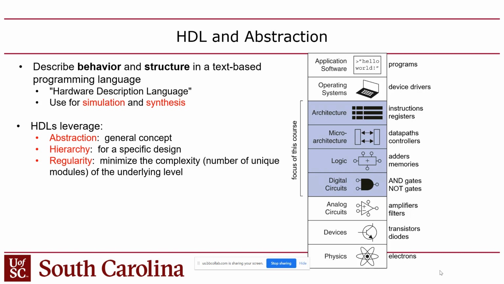three concepts: abstraction, hierarchy, and regularity. And these are basically all the same thing, really. Abstraction just means, as I mentioned earlier, that you build increasingly complex designs by building on top of less complex designs, right? So for example, your architecture is built from a microarchitecture.